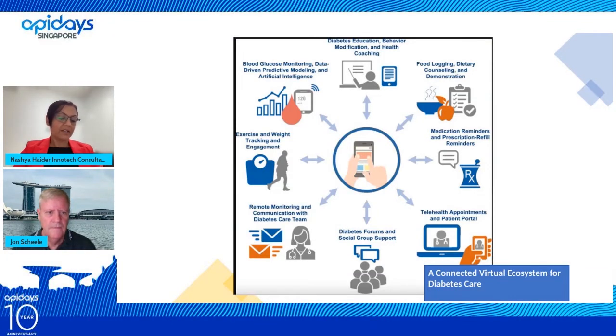And the APIs would be RESTful and utilize OAuth 2 authentication, allowing individuals to securely authorize the CGM data for use by third-party applications. So for example, to your practitioners, to a wellness guide, to your social group support.